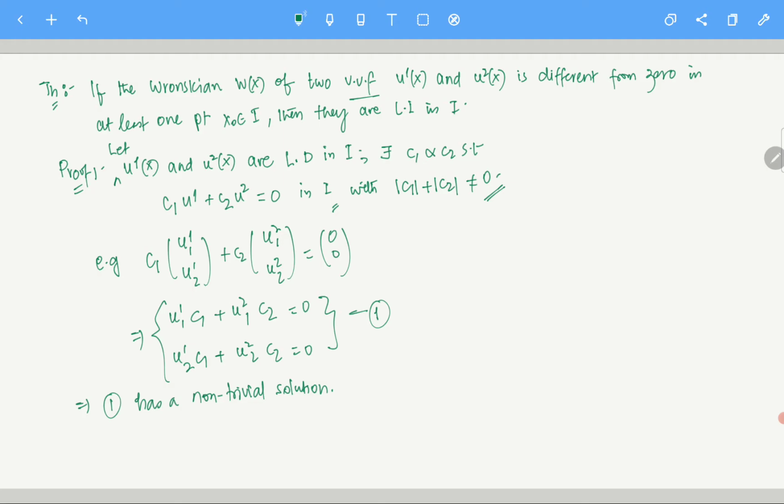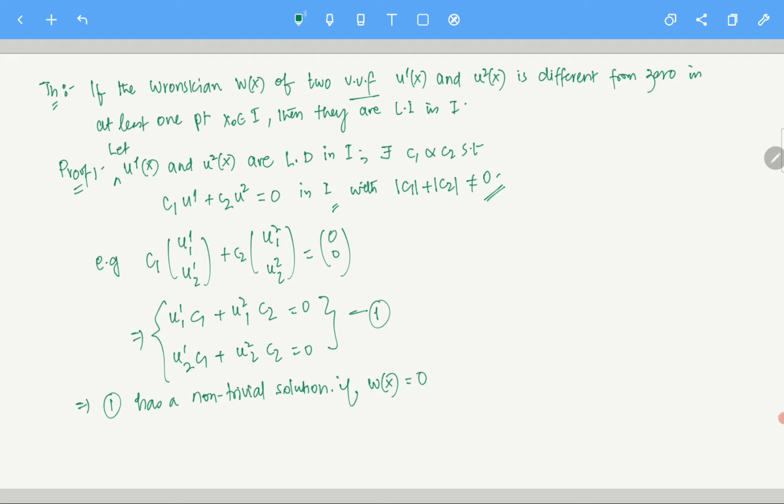Now you see, if this has a non-trivial solution, then what can you say? If this homogeneous system has a non-trivial solution, when can it have one? It can have a non-trivial solution if the Wronskian of x is going to be 0.